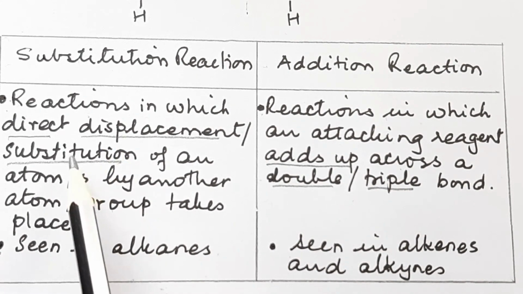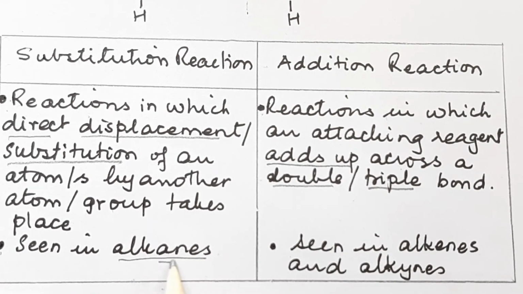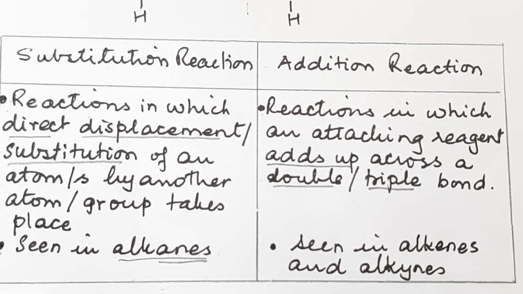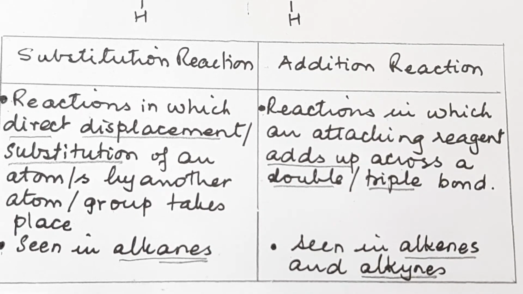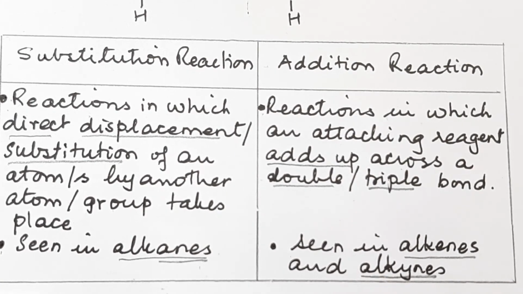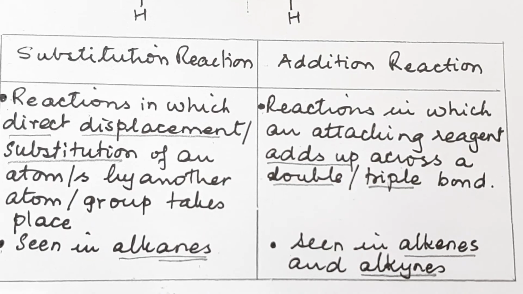So if it is direct substitution, it will be in alkanes because there is only presence of single bond between the carbons. And here it will be possible in alkenes and alkynes. So these are the keywords. Now, although it is 1 mark, it's better to write an extra point over here, because we do not know whether the examiner is going to consider only the definition or the examiner wants another point apart from the definition.